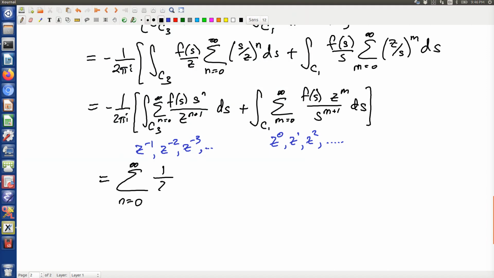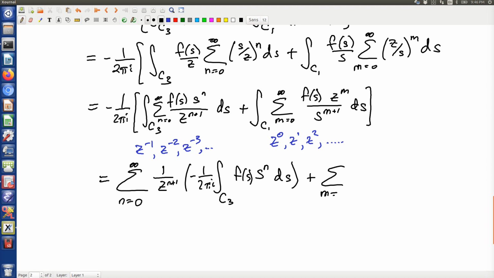1 over z to the n plus 1 minus 1 over 2 pi i, and related. That's the first sum. And then the second sum is here.